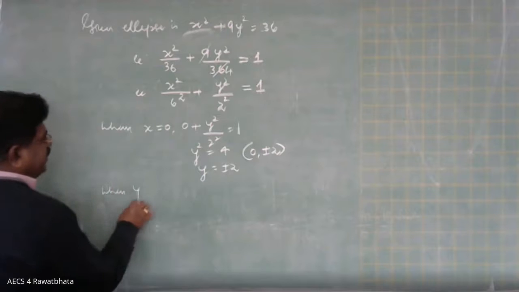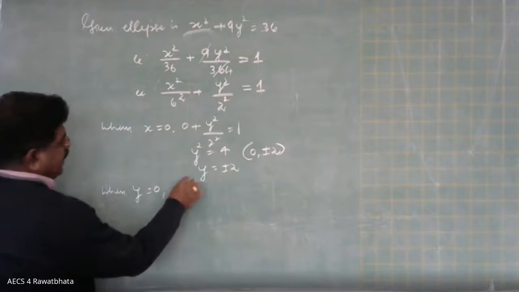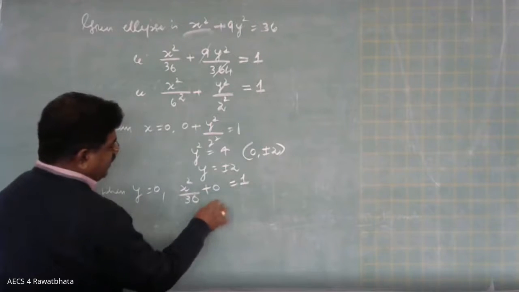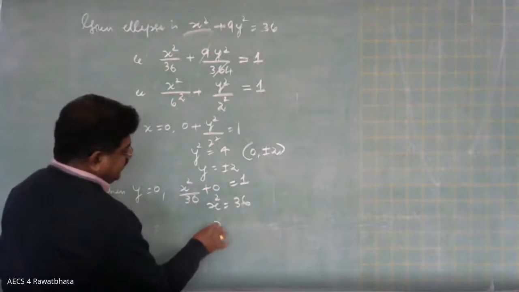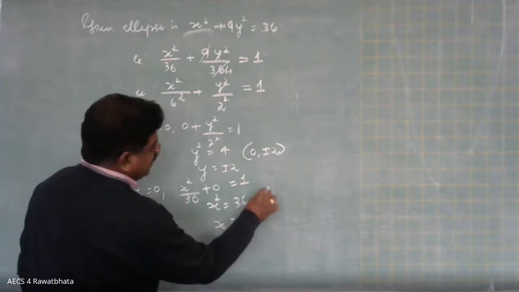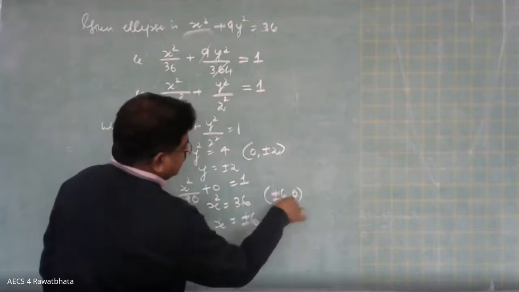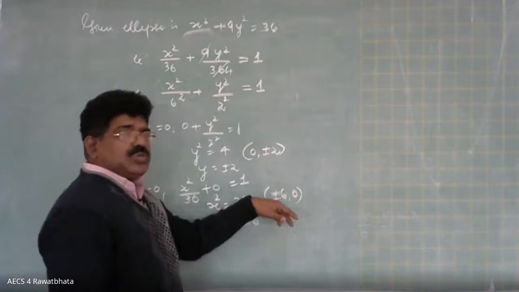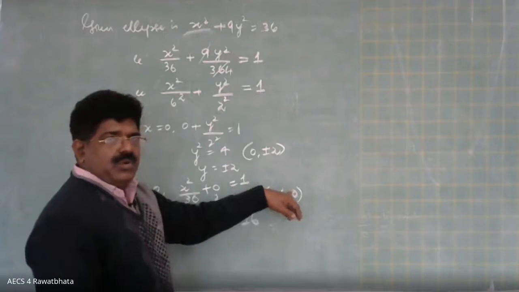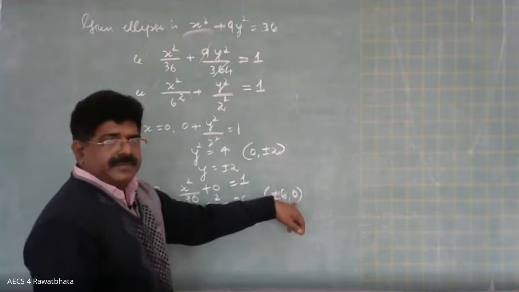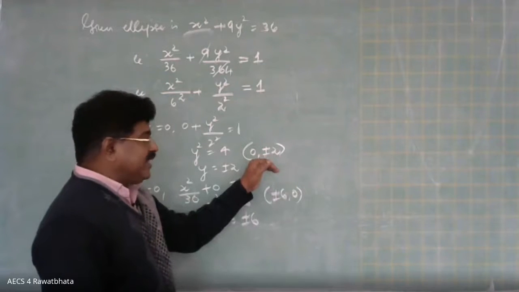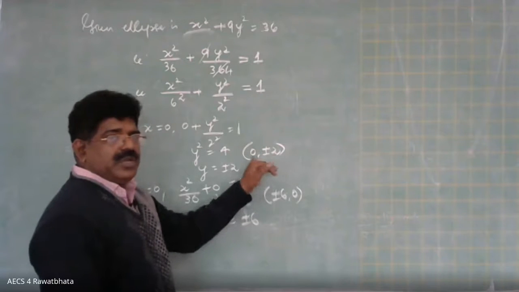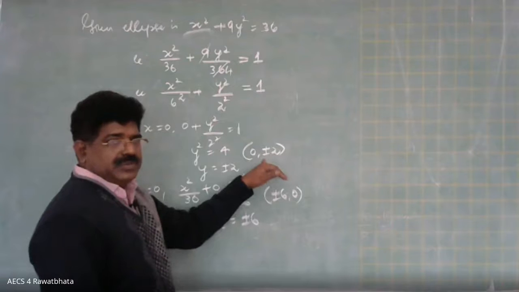When y is equal to 0, x squared upon 36 plus 0 is equal to 1, x squared is 36, x is plus or minus 6. That means the curve intersects the x-axis at these 2 points, 6, 0 and minus 6, 0, and it intersects the y-axis at 0, 2 and 0, minus 2.